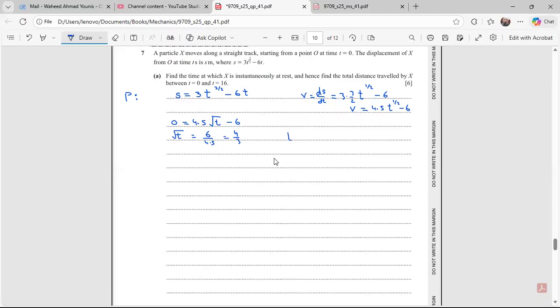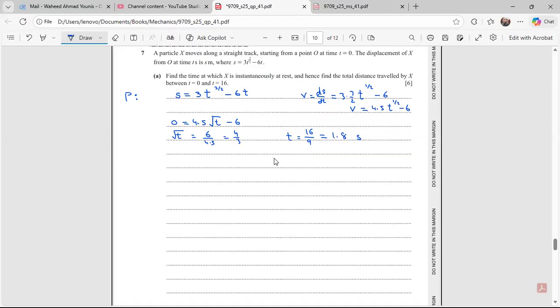And from here, t is the square of this, which is 16 over 9, which is about 1.8 seconds. So at 1.8 seconds, this particle X was instantaneously at rest. Its speed was 0.